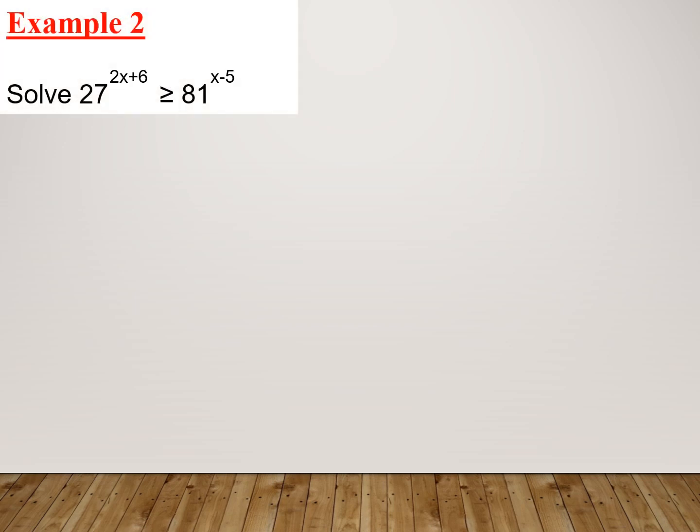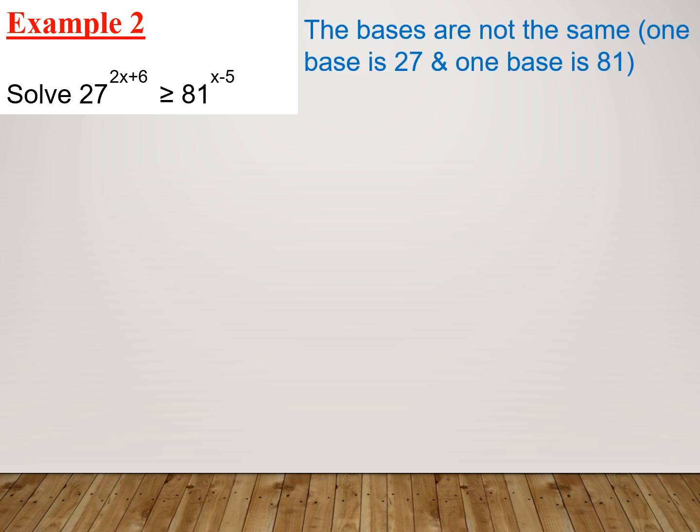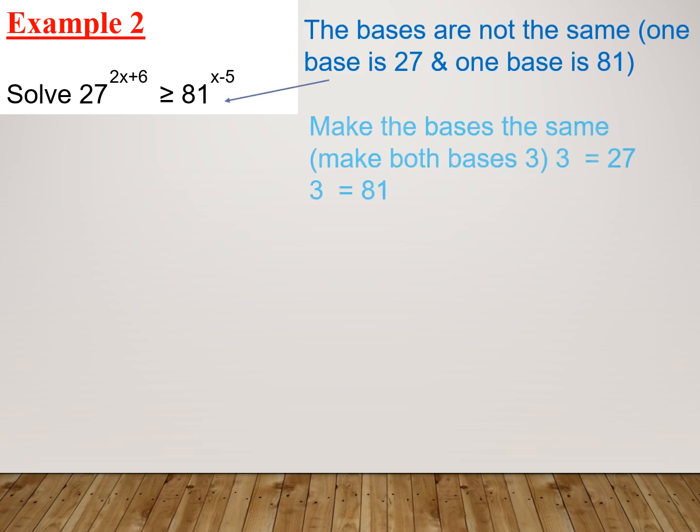Now that I showed you how to solve an exponential equation, I'll show you how to solve an exponential inequality. The first step is to make the bases the same. Since we have 27 and 81, we will make both bases 3, which gives us 3 cubed to the power of 2x plus 6, greater than or equal to 3 to the power of 4, to the power of x minus 5.